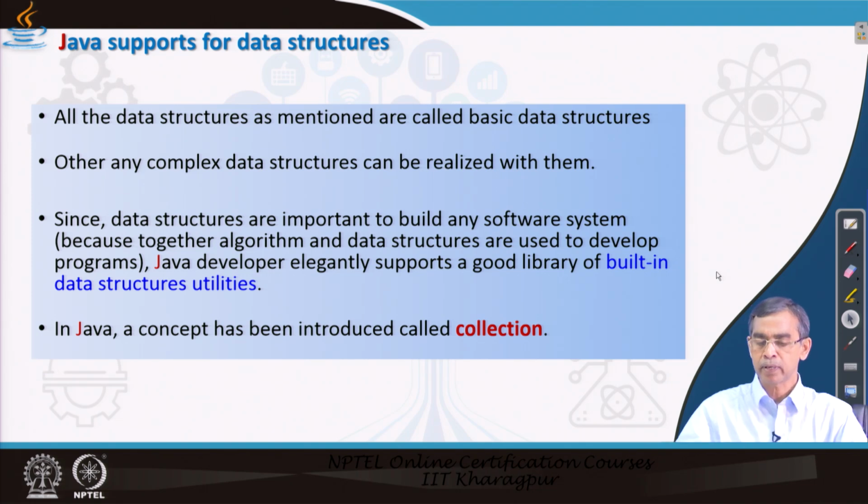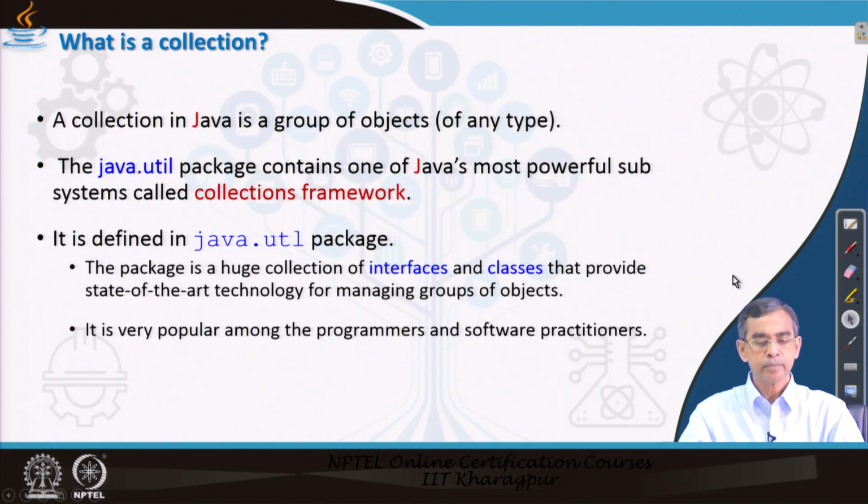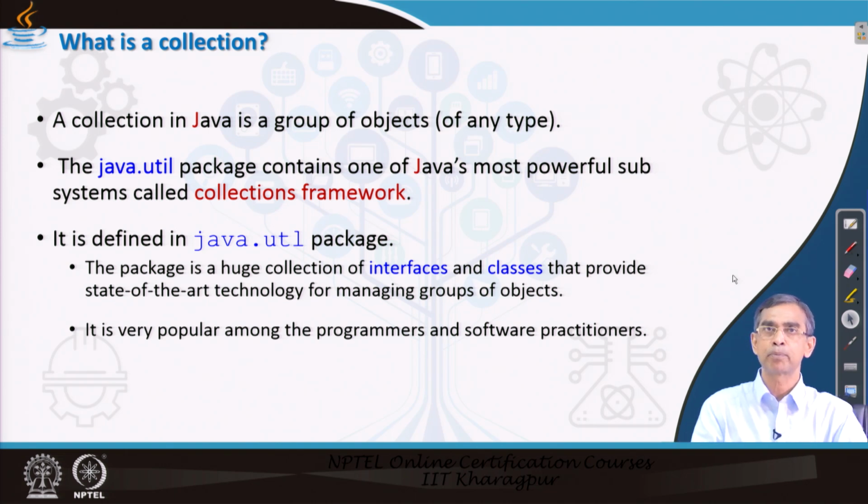All these utility programs related to data structures are called collections, and they are stored in a very systematic manner, for which the Java developers introduced a very nice concept called the collection framework. This is more popularly called JCF, Java collection framework, and as I told you, it is defined in the java.util package as part and parcel of its definition.